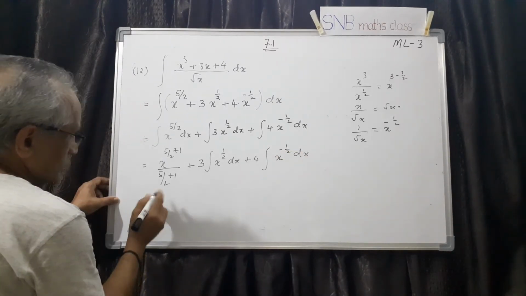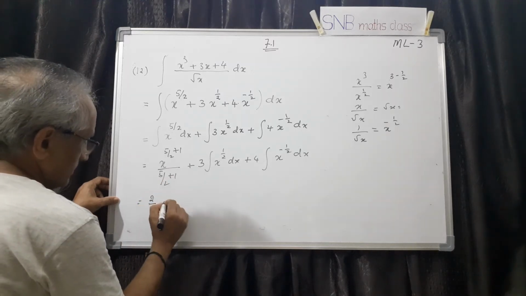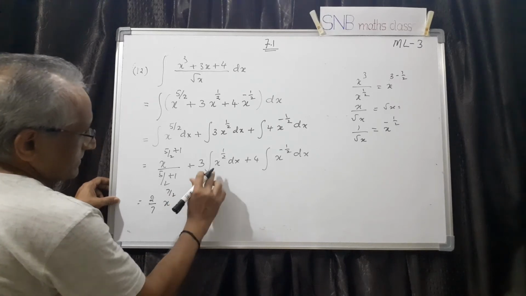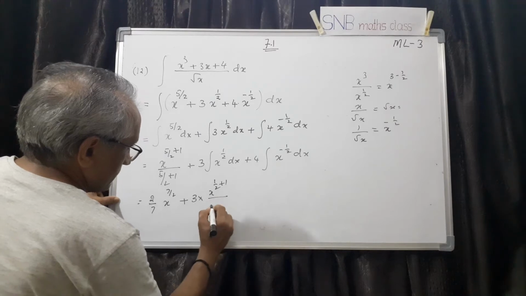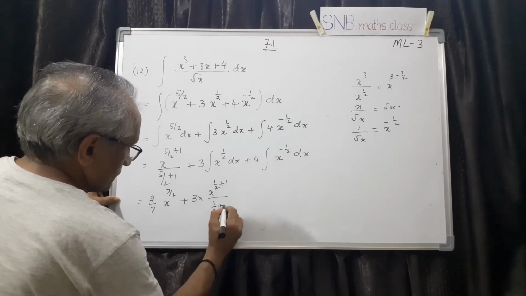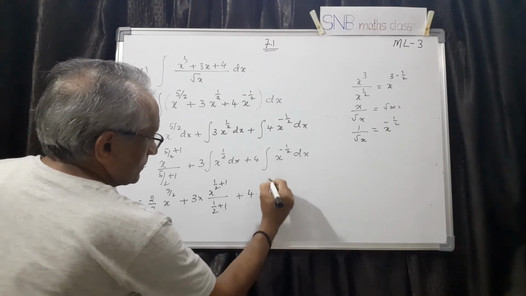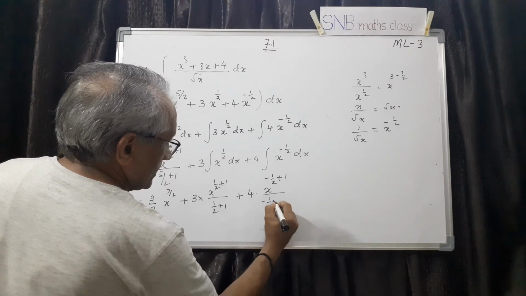So this will be, of course, you can simplify, there is 2 by 7, this is 2 by 7, then x power 7 by 2 plus 3. You can see here it is x power 1 by 2 plus 1 by 1 by 2 plus 1. Then plus 4, here x power minus 1 by 2 plus 1 by minus 1 by 2 plus 1.